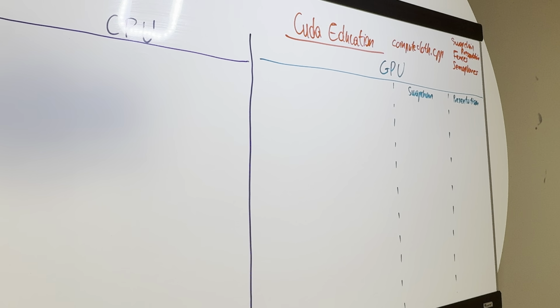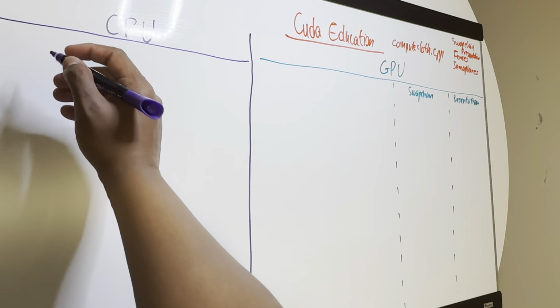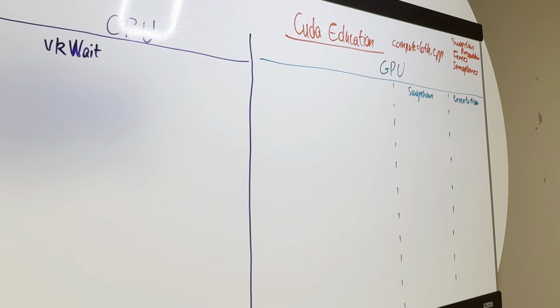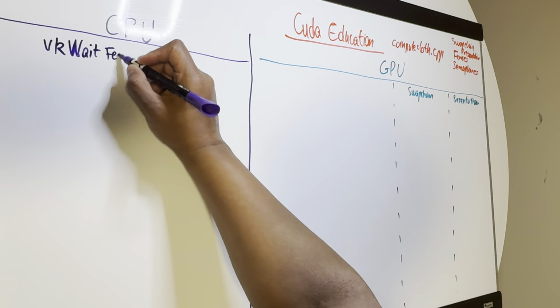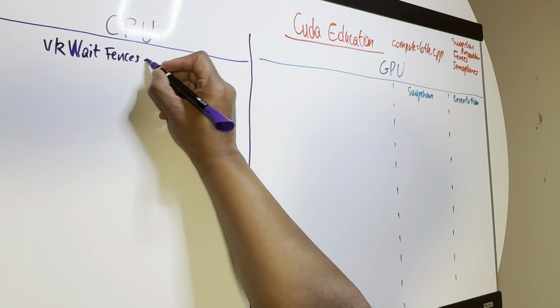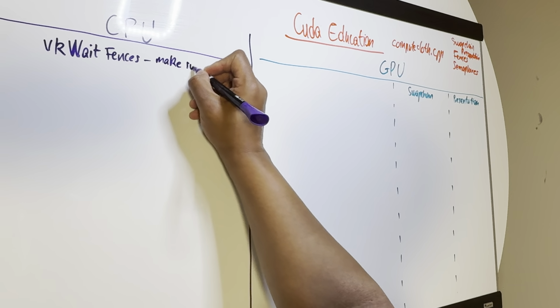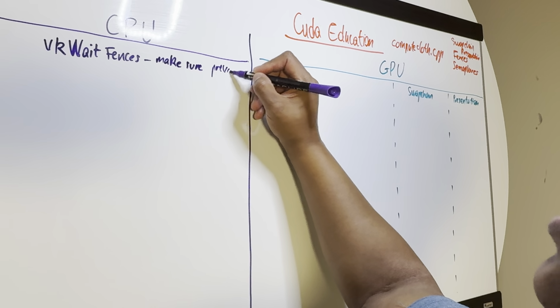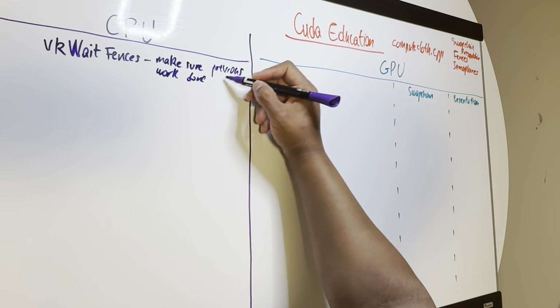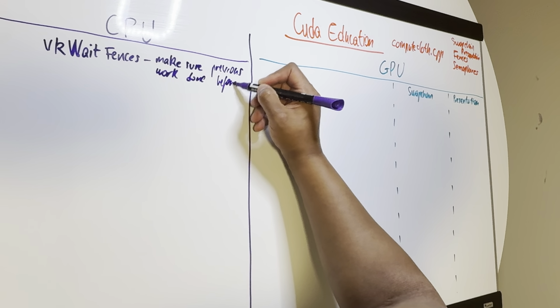So we have what we call vkWaitForFences, which basically makes sure the previous work is done before proceeding.